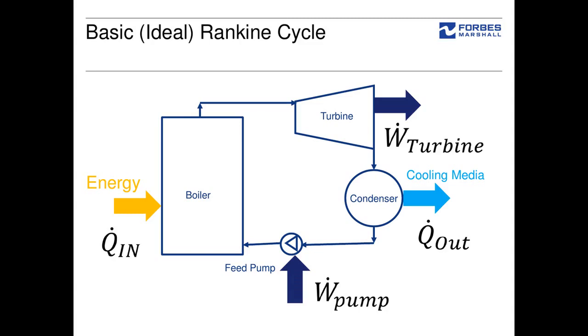So if you see this whole process, there is heat input in the boiler or steam generator, heat rejection in the condenser, work output taken from the turbine or steam engine, and work input given to the pump, where the pressure of water is changed from one cycle point to another.